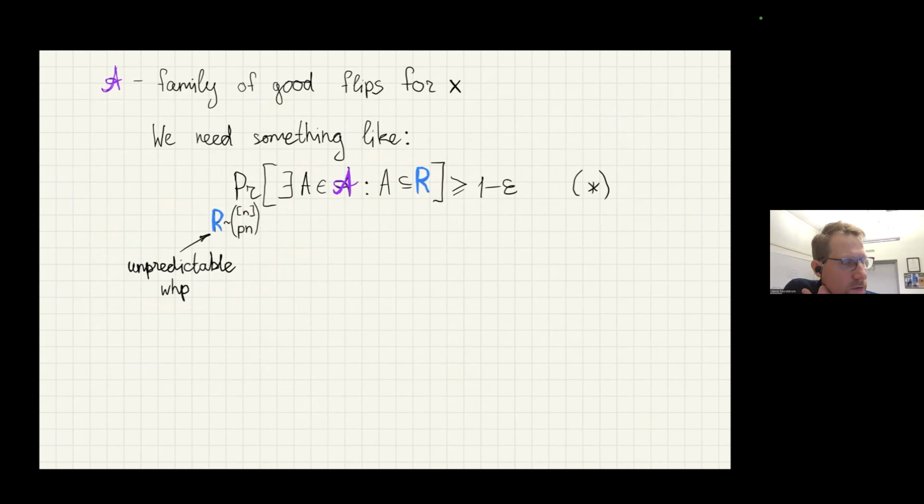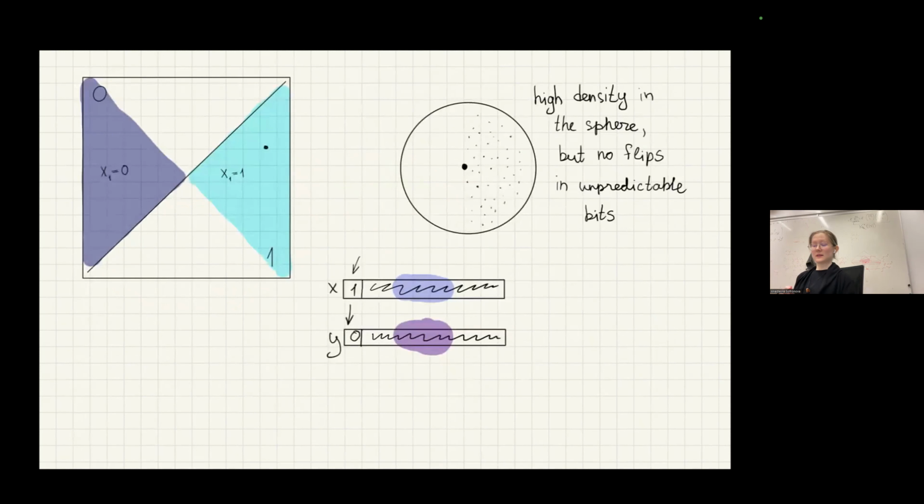And this good flip condition is what failed before? Yes, exactly. So here, any good flip, again, contains the first bit. So it doesn't lie inside an unpredictable block with high probability.